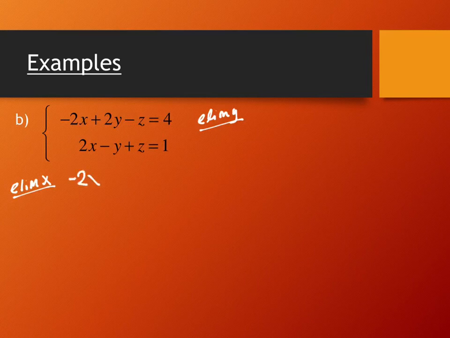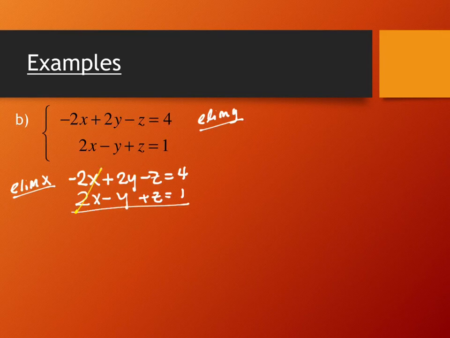So negative 2x plus 2y minus z equals 4. And I have 2x minus y plus z equals 1. And these eliminate right here, so then I have 1y. And what happens to the z's by just sheer luck on this one? They cancel too, right?